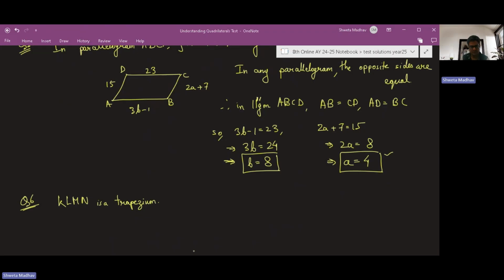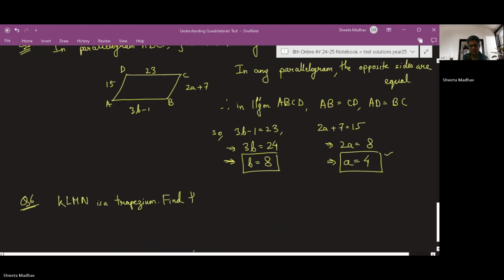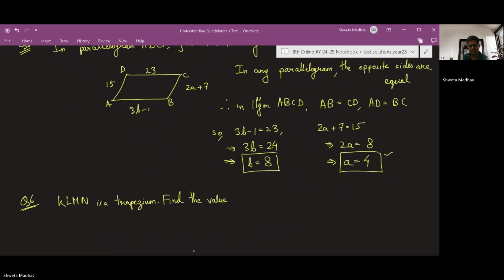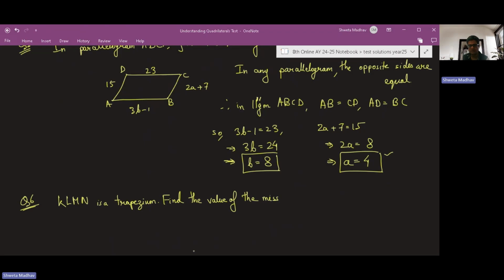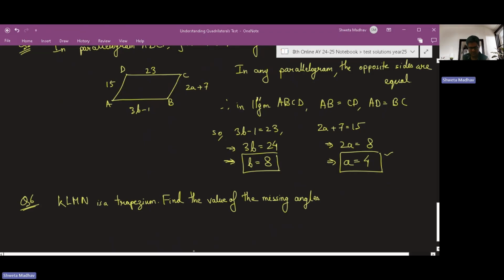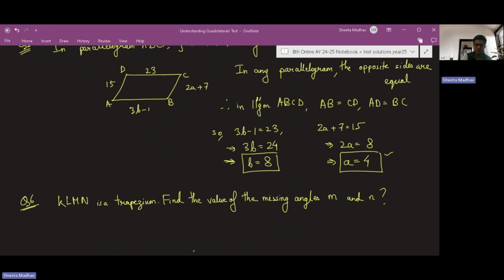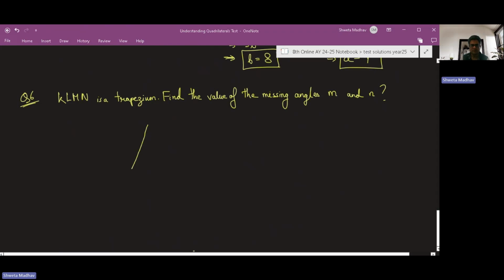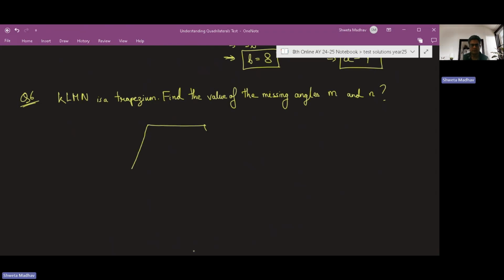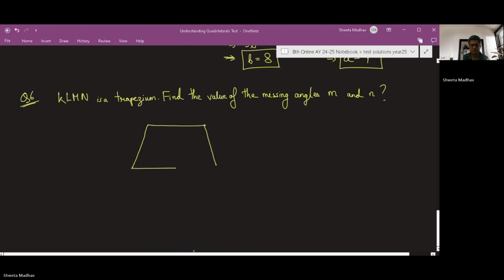Then find the value of the missing angles, M and N. So one trapezium is given, which is KLMN, somewhat like this.